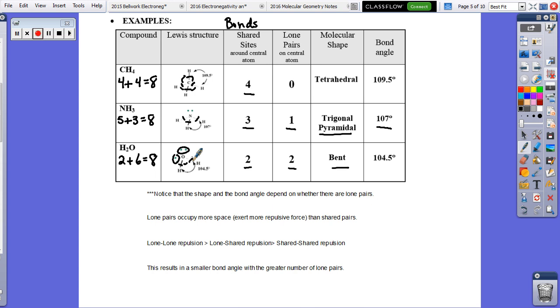All right, again, don't have to know the bond angles, but you do need to know the process of determining the shape using your reference sheet. Okay, at the bottom of this page, it just says, notice that the shape of the bond angle depends on whether there are lone pairs. And you saw the bond angle getting smaller and smaller the more lone pairs were added to that central atom.